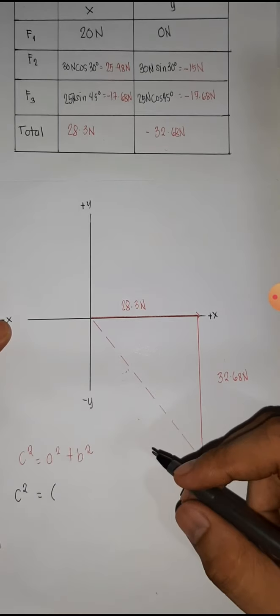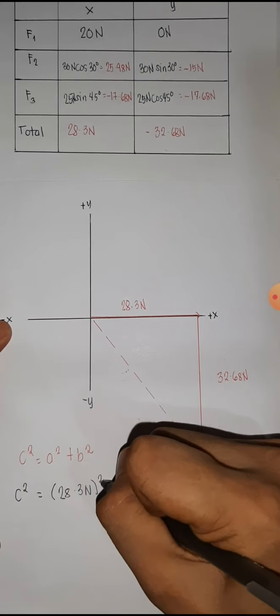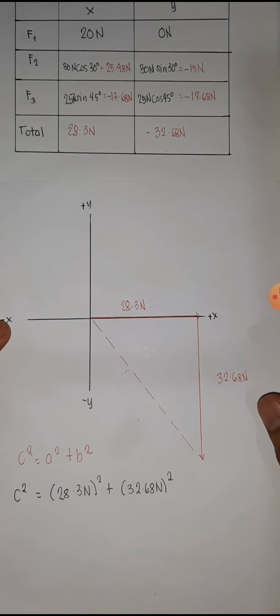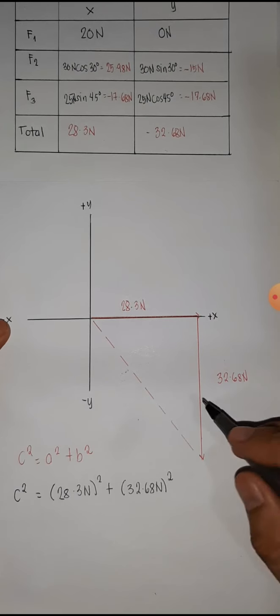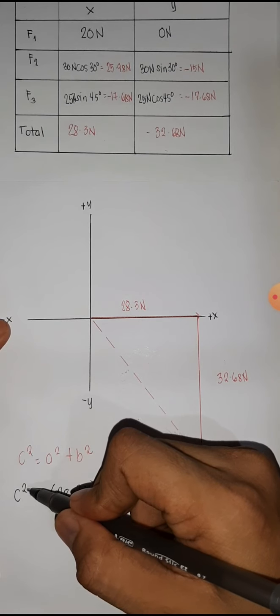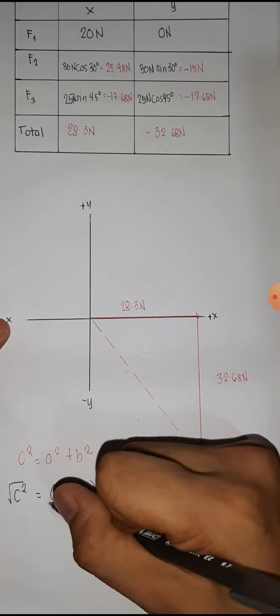Your x would be, let's say your a is your x, that is 28.3 Newton squared plus 32.68 Newton squared. I disregard the sign because when you square this, it will give you a positive value. To cancel the square on the other side of the equation, we're going to get the square root.